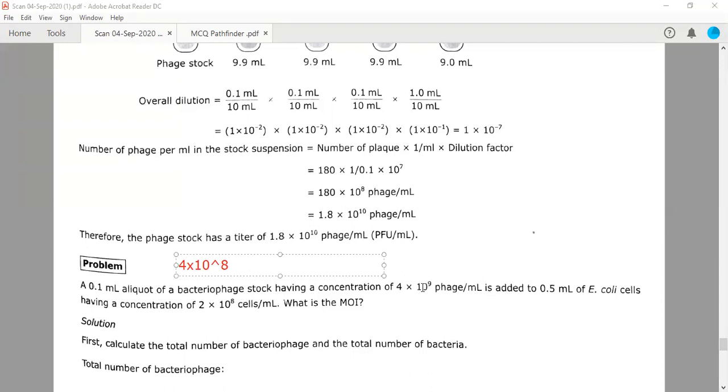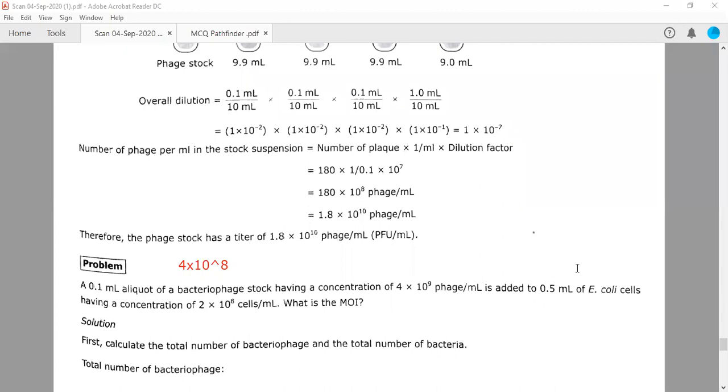One power will be reduced because you are taking only 0.1 ml, a tenth of the 1 ml. So 4 into 10 to power 8 viruses in this particular volume, 0.1 ml. This is the real number you are having in your hand.